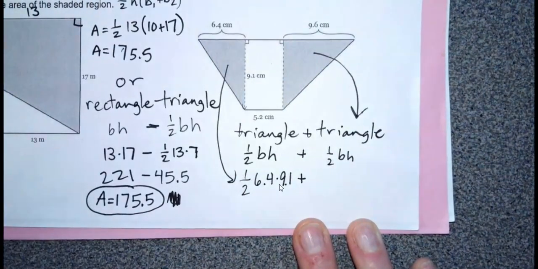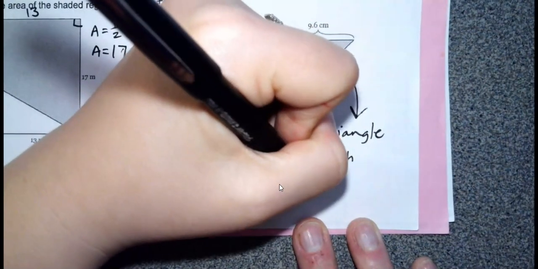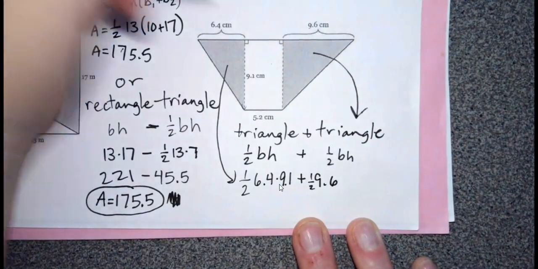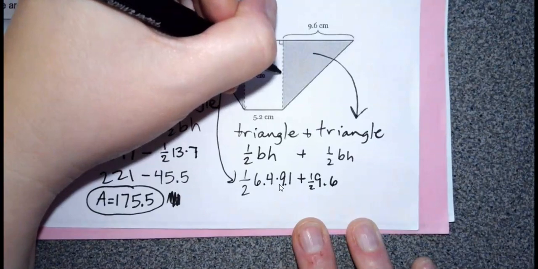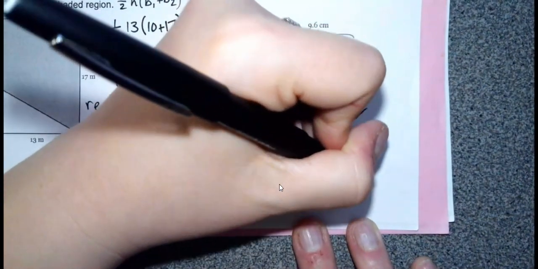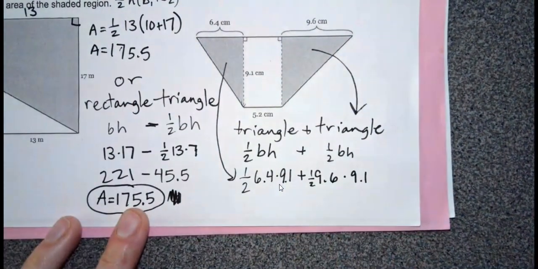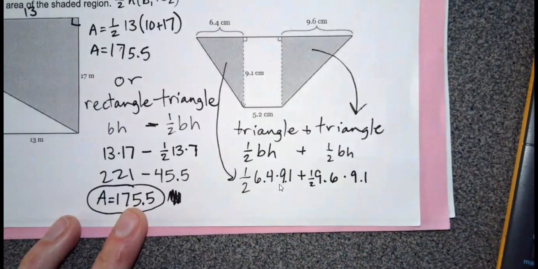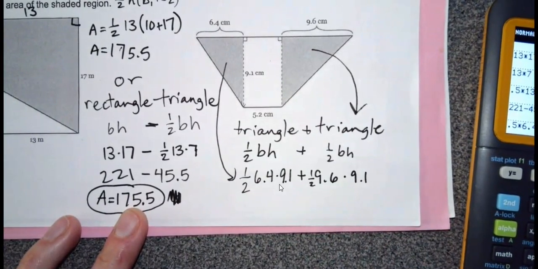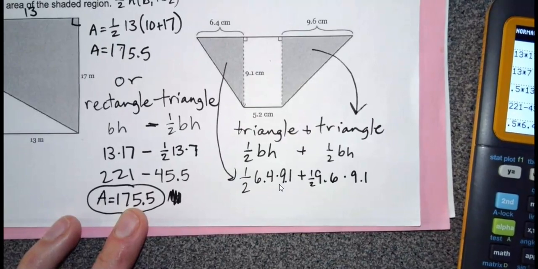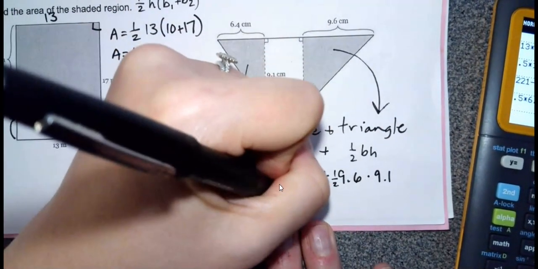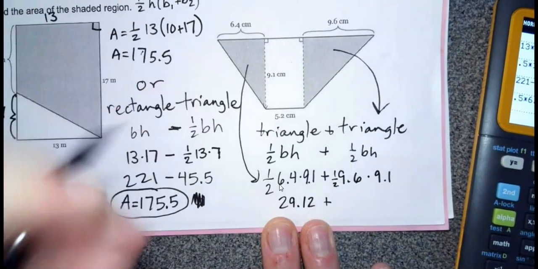This is this triangle. 9.6, well, 1/2 times 9.6 times, this is also 9.1 because this is a rectangle. The height is 9.1 for both of them. And you can just type them into the calculator. 0.5 times 6.4 times 9.1 equals 29.12.